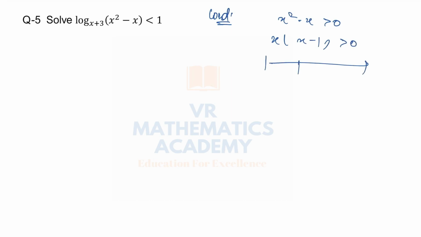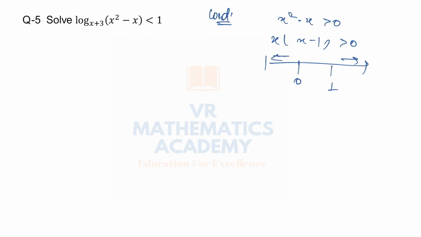Next, in question number 5, we have log of x square minus x with base x plus 3 less than 1. Since in this question the base is variable, we should also know the conditions. The condition is x square minus x greater than 0, that is, x into (x minus 1) greater than 0. By the number line, this will be either greater than 1 or less than 0.